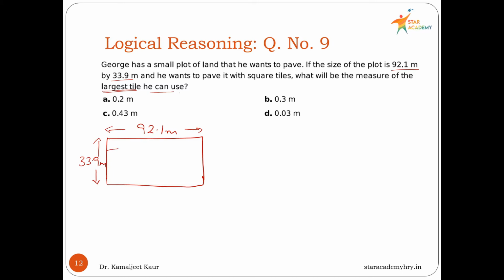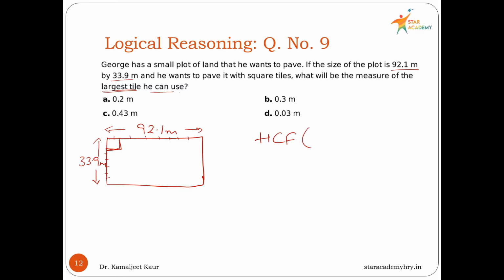So the number of squares should be an integer on both the sides. That means we need to find the common factor of 92.1 meter and 33.9 meter. So this is the problem of HCF.